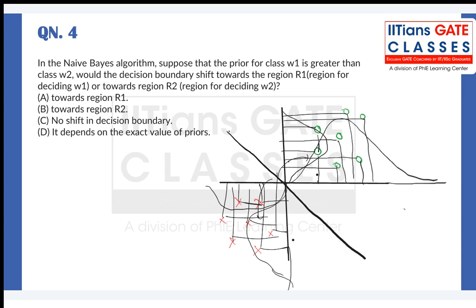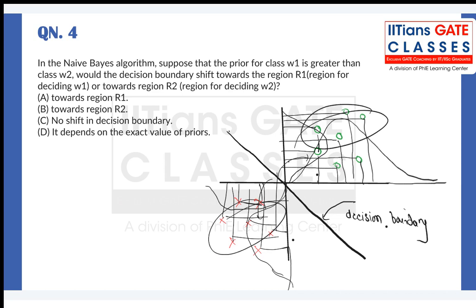This is called a decision boundary, which says how likely you are to hit the green class rather than the red class, or the red class rather than the green class. Speaking very frankly, all points lying above this line belong to the green class, and all points lying below this line belong to the red class.